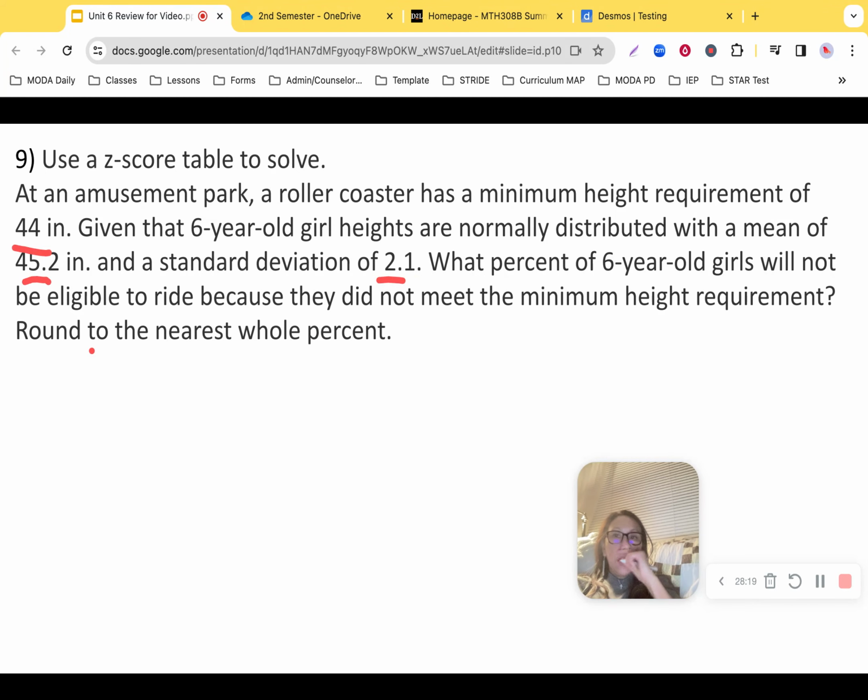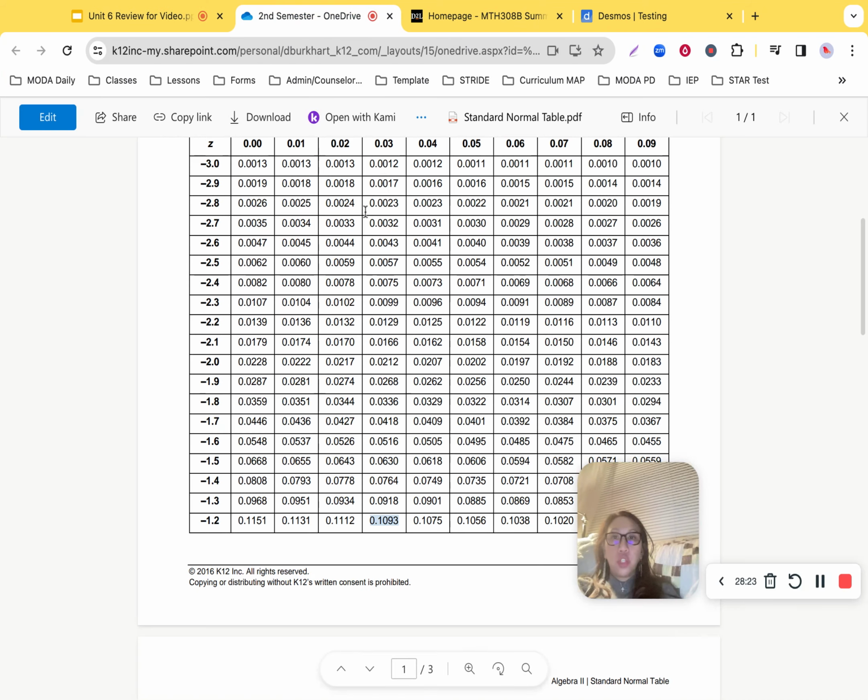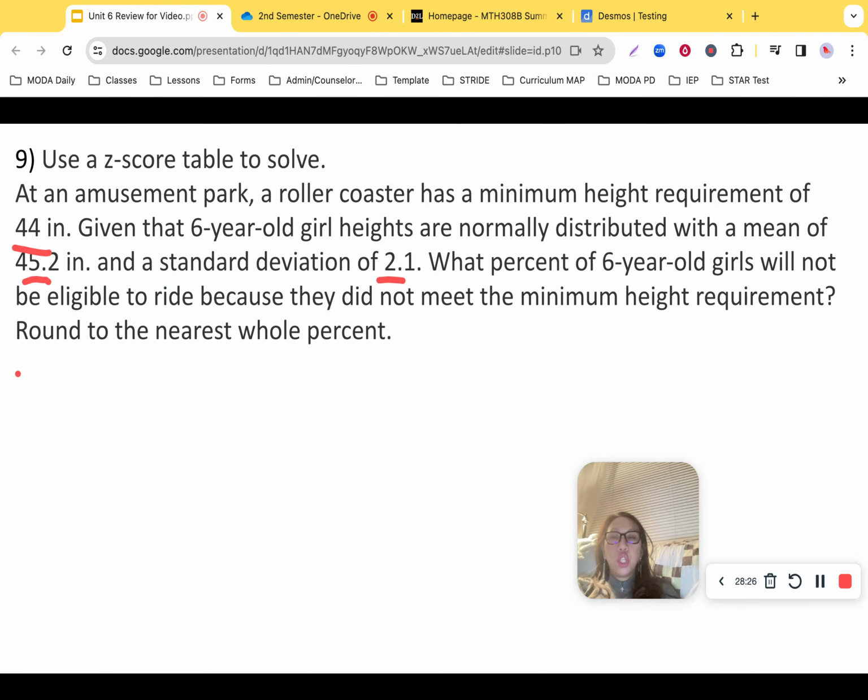So in this case, in order to use our z-score table, we need to find the z-score of this raw score, 44 inches. So we have to convert that raw score into a z-score first before we can use our z-score table.